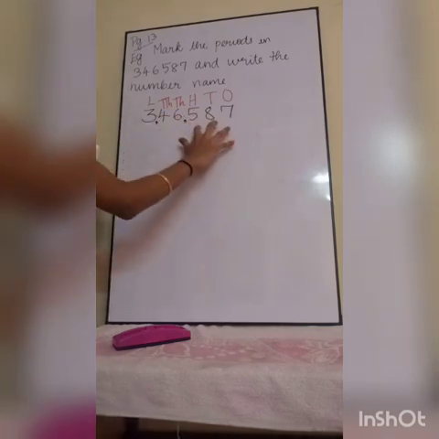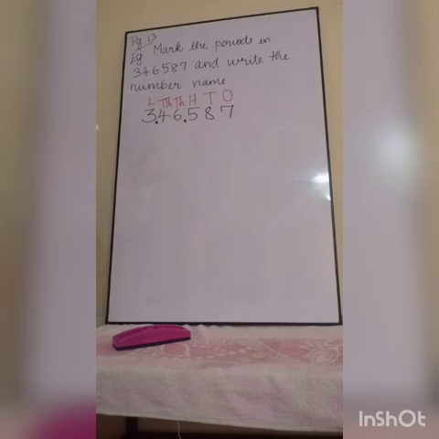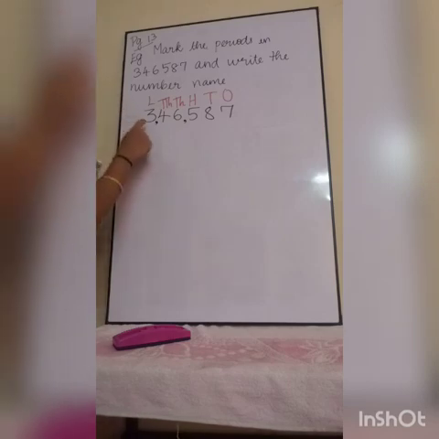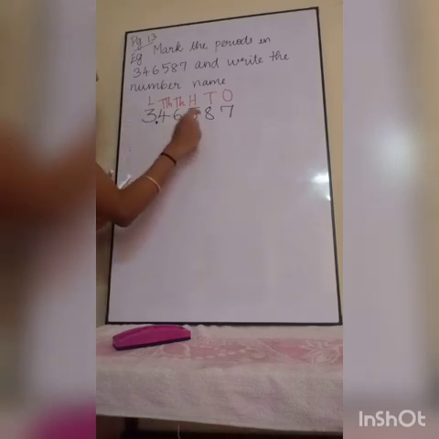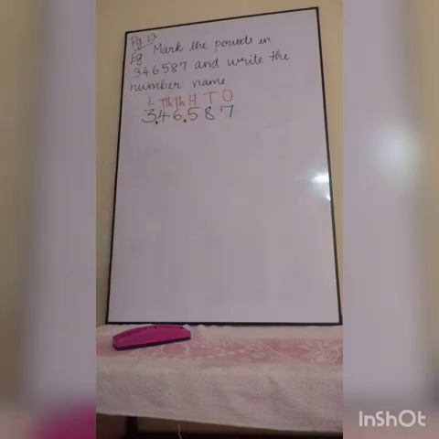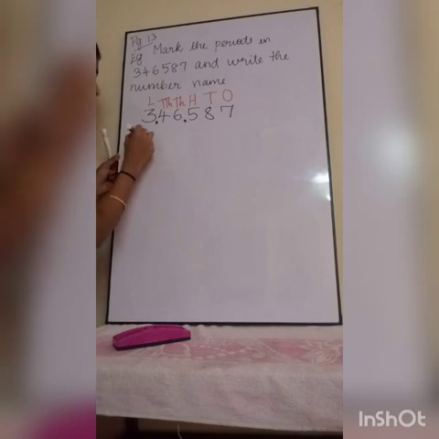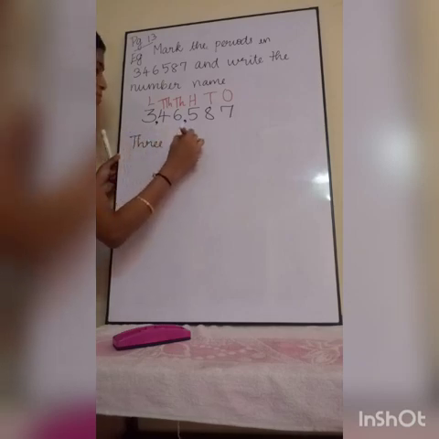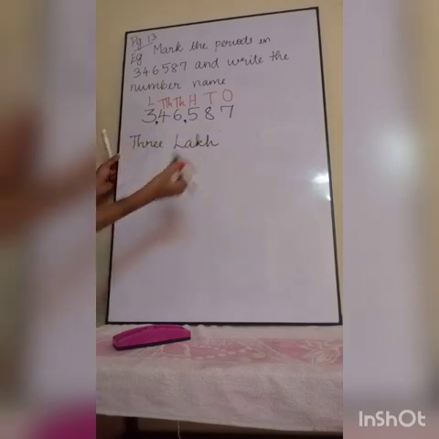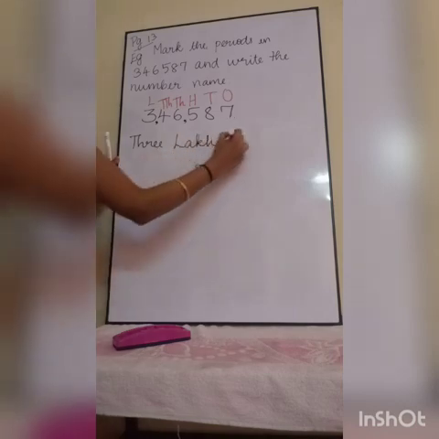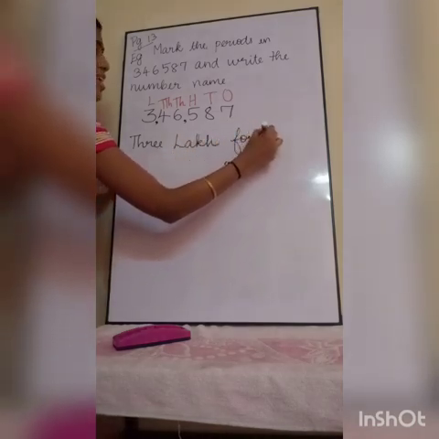Because I am separating them in groups, I will call them together. I don't call them like 3, 4, 6, 5, 8, 7. I don't call it like that. Listen: 3 lakh, as usual I am writing the number name. 3 lakh, 46 thousand.